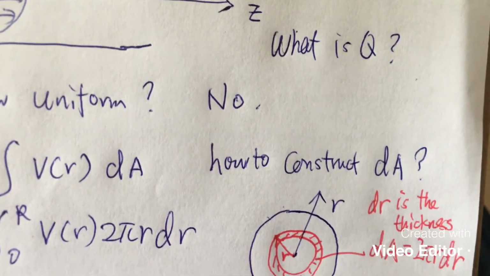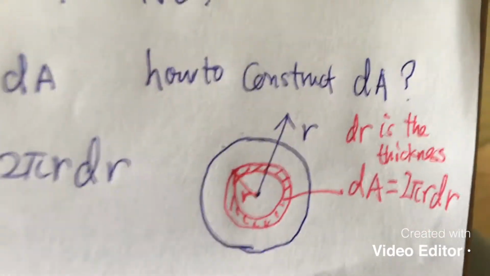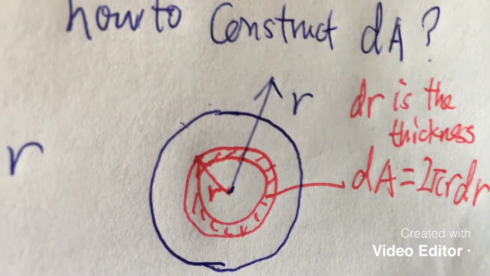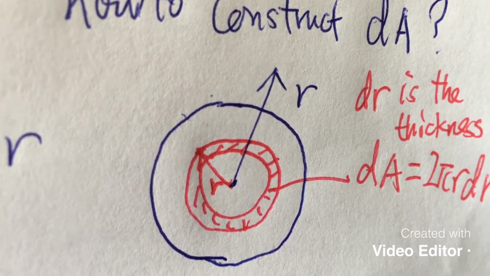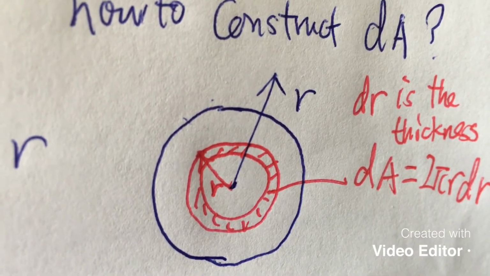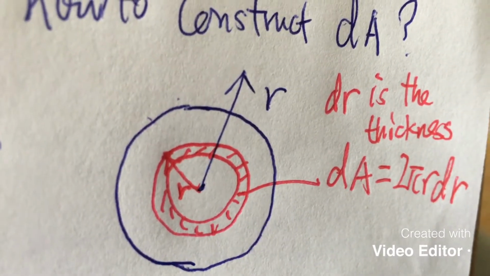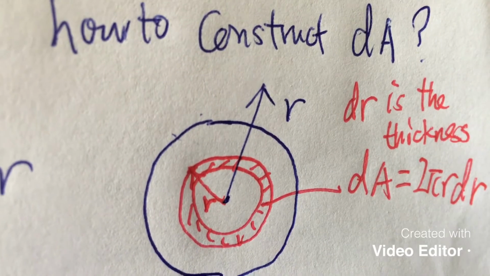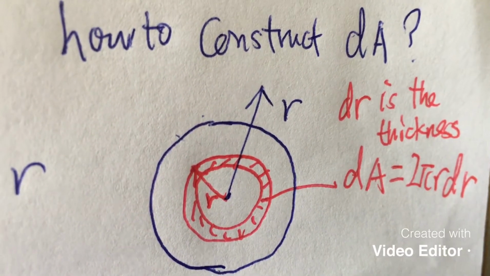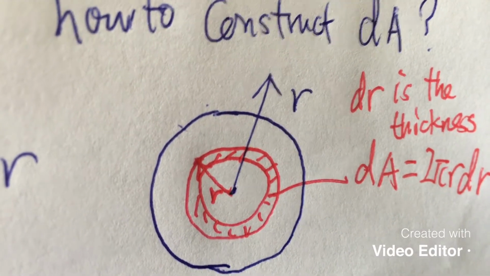I have a drawing here showing how we construct the dA. This is the R direction, so I draw a ring. That's your dA, your small element for the integration. What is the area of this ring?